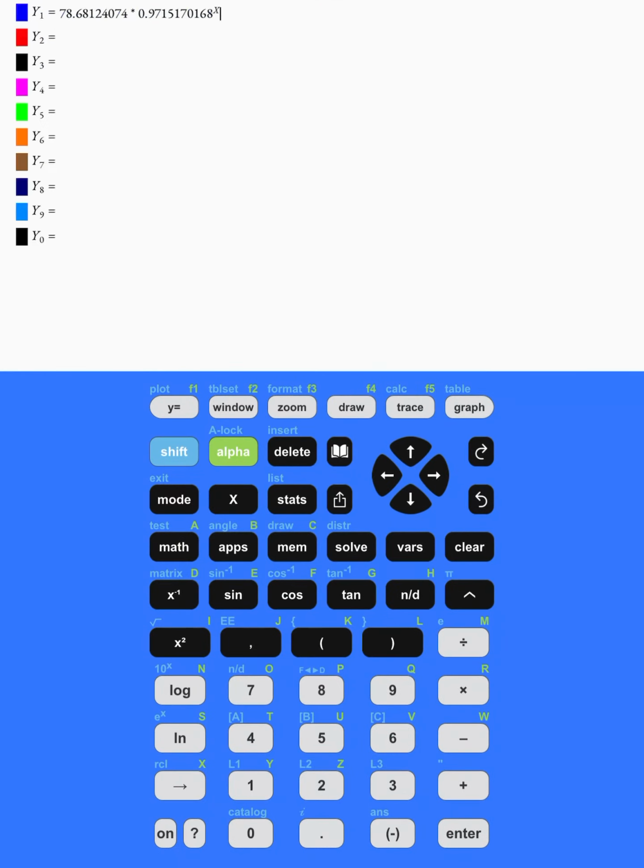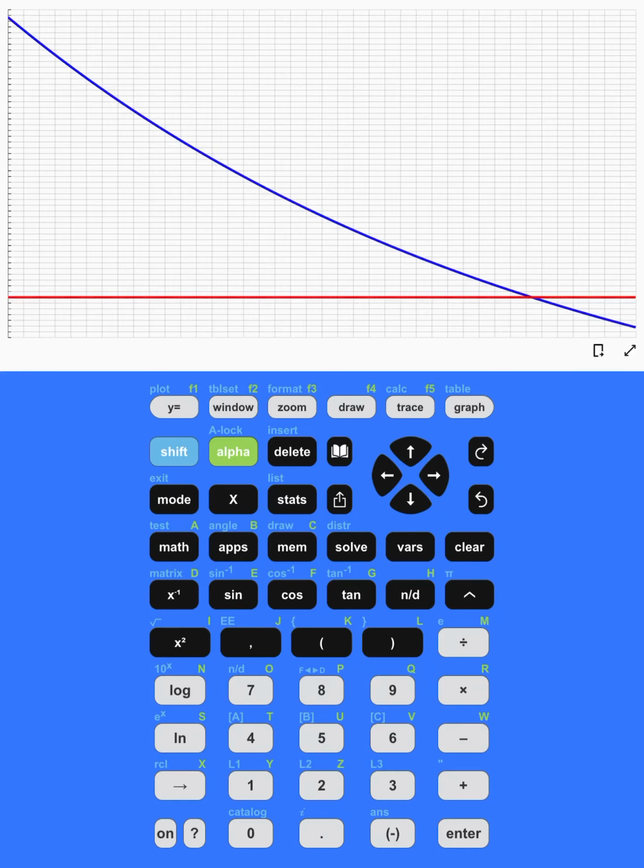So let me just go back and show you. When I go to y equals, I have this for y1. So I should be entering the 30 degrees Celsius into y2. And then when I graph it, you should see an intersection. The intersection point is my solution.